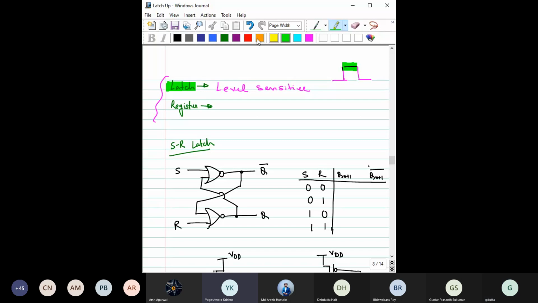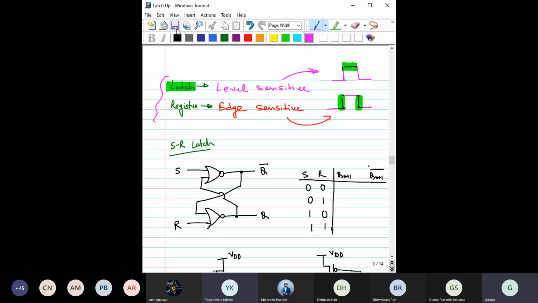Whereas a register is edge sensitive. For a register, these two edges play the major role, either the positive edge or the negative edge, depending on how you have designed your circuit.